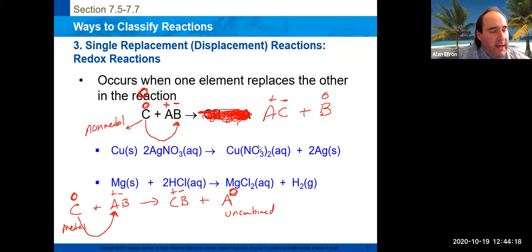Now, in order for this reaction to take place, whatever is coming in needs to be more reactive than what it's replacing.